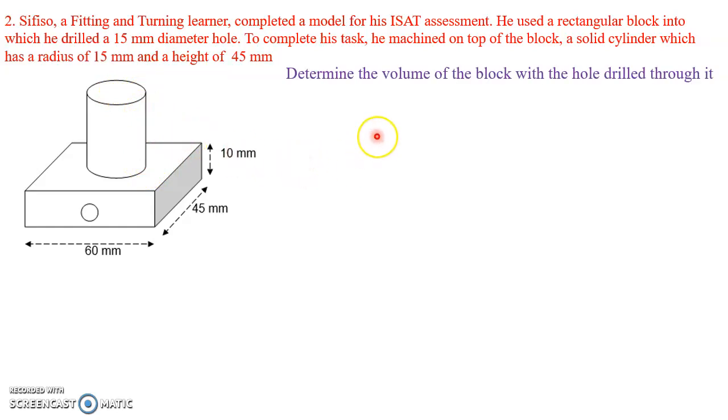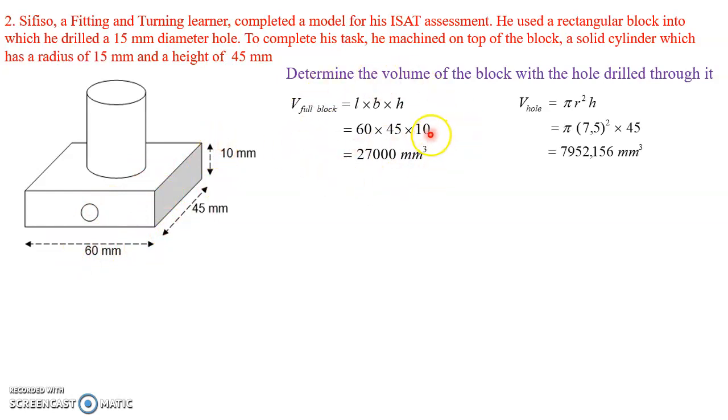Question number 1. Determine the volume of the block with the hole drilled in it. Meaning he wants the volume of this block with the hole drilled in it. Which ultimately means I need to calculate the volume of the block, which is length times width times height. I got the volume of the full block. Then I need to calculate the volume of this hole. Remember, this is a hole drilled through.